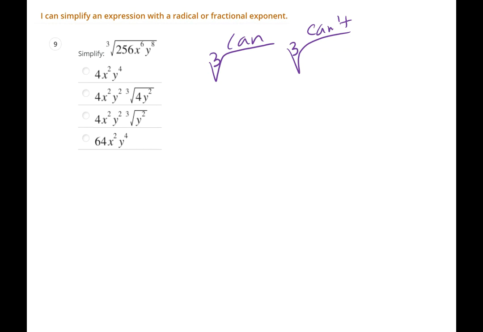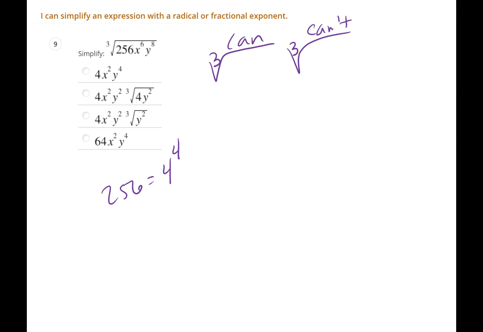I'm pretty sure that is 4 cubed, if I remember right. Nope. Let's try 16. 16 times 16. Nope. Oh, it's 4 to the 4th. Okay. So this 256 equals 4 to the 4th power.